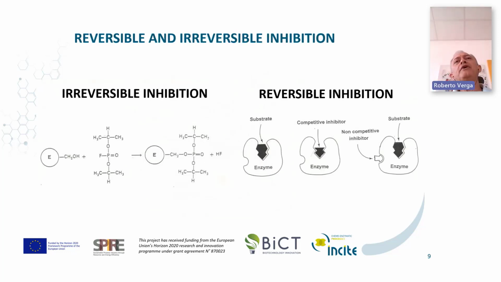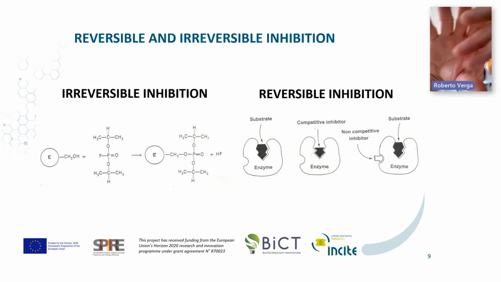To understand better, we have 2 simple examples. On the left, an example of irreversible inhibition. It is irreversible because in this case, we have a covalent bond between the enzyme and the molecule, the inhibitor. This example is a very simple scheme, but we have the enzyme with a highlighted residue, a serine residue, which is in contact with a phosphoorganic compound.